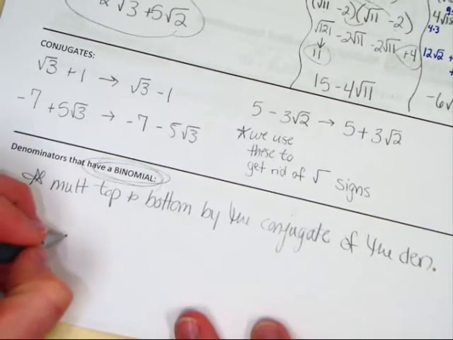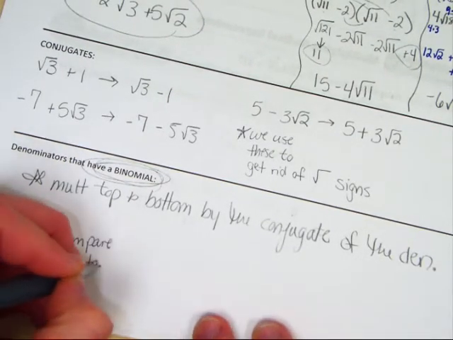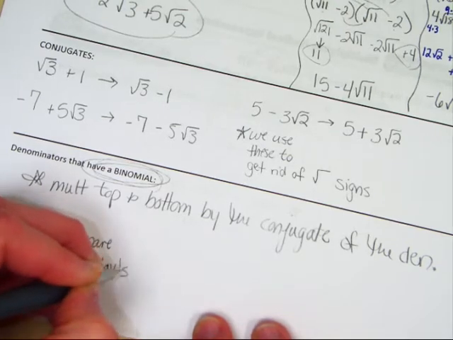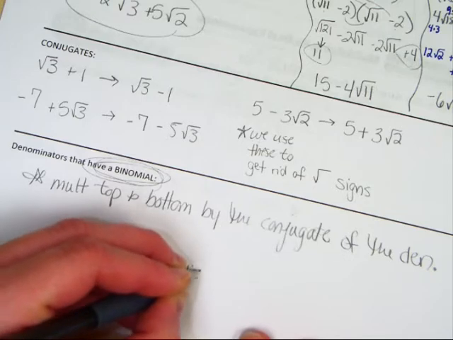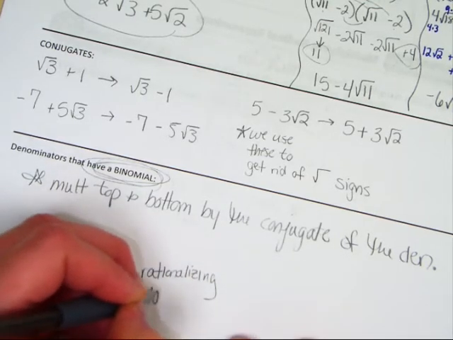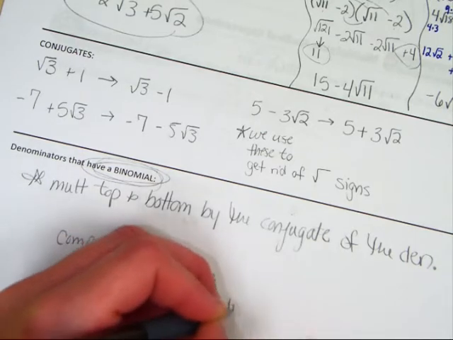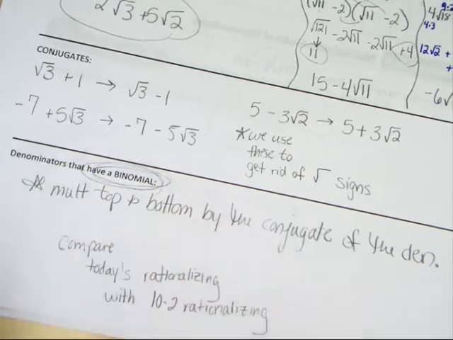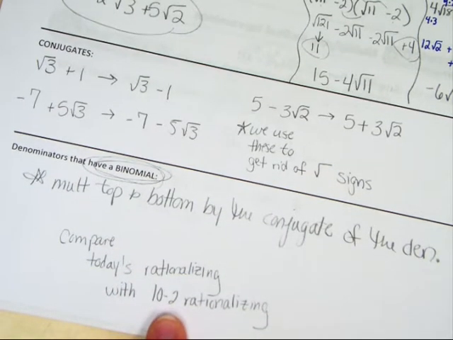So what you should do is compare today's notes, today's rationalizing, with 10-2 rationalizing. You should compare today's rationalizing with section 2's rationalizing.